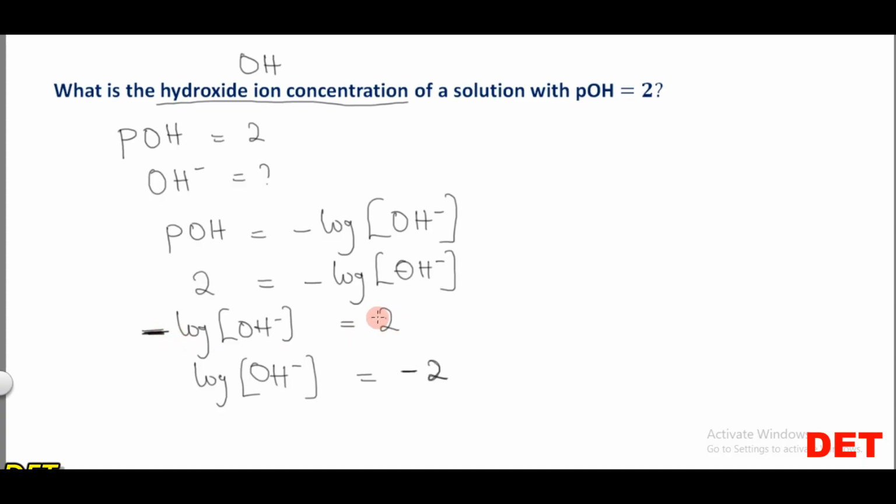It's just like having minus log equal to 2. So this is divided by minus, divided by minus, so the minus cancels out. 2 divided by minus gives minus 2. So that's what I did here to get log of the hydroxide ion concentration equal to minus 2.